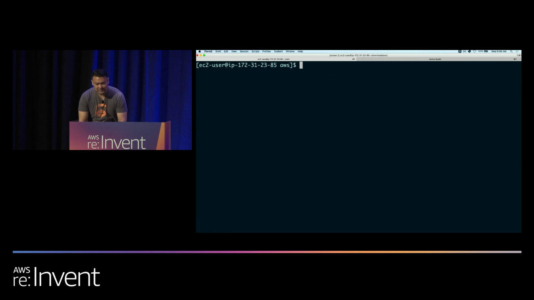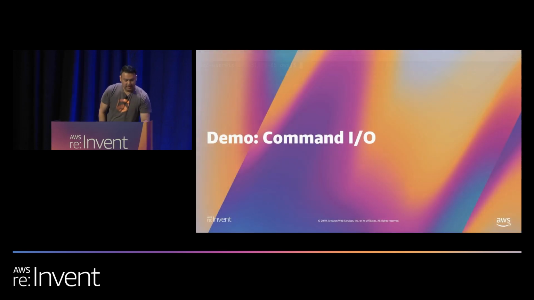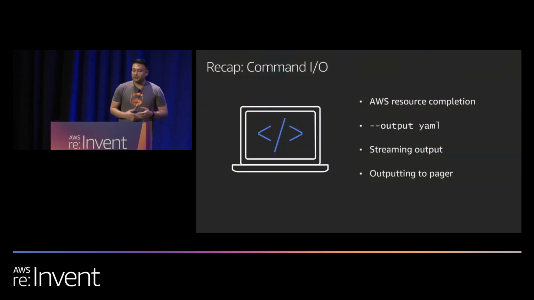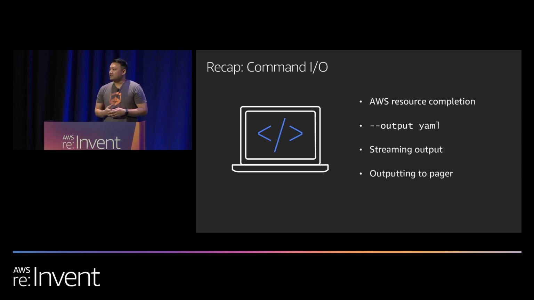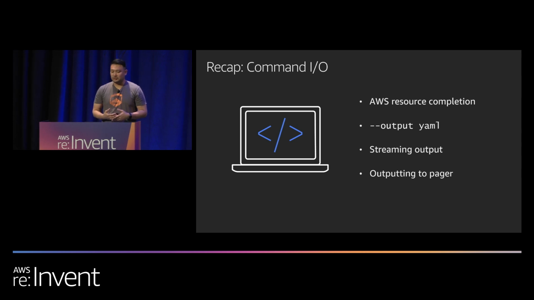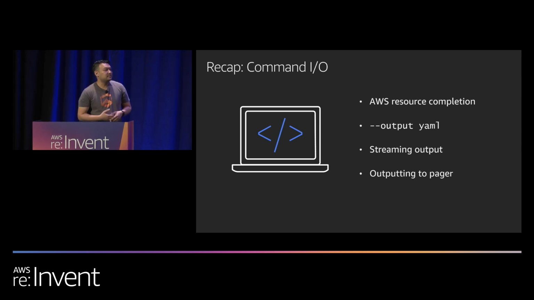OK, so that was just an overview of some of the things that Kyle mentioned in the slides here. And to recap, what we showed was how the CLI v2 has some improvements to the autocompleter. So we looked at how we can do resource-based autocompletion. We also looked at some of the improvements to YAML throughout various places in the CLI, both in terms of the new output format and in terms of the documents that you can provide as CLI input.